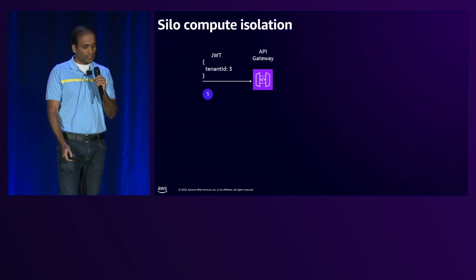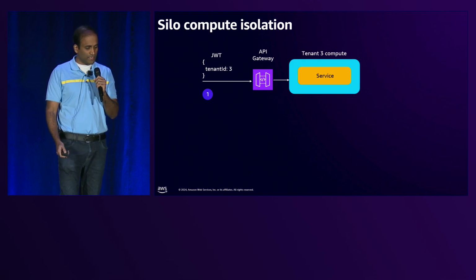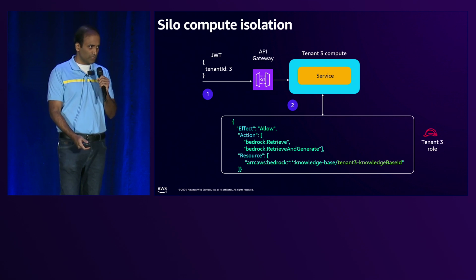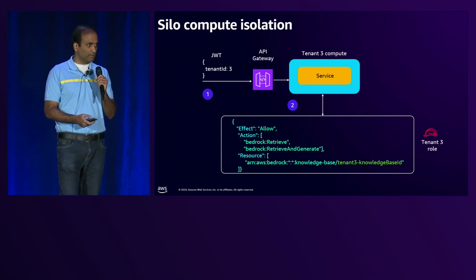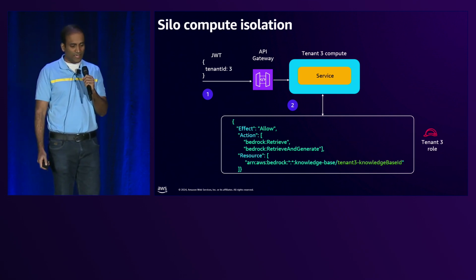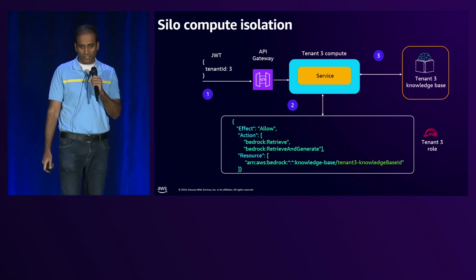For the siloed compute, let's take an example. Tenant 3 is interacting with your API gateway. The request goes to this dedicated compute, which has a dedicated service. Since it's a dedicated service, you could attach an execution role. If you look at the execution role, it is giving permissions which are specific to this particular tenant. In this case, you are giving access to tenant 3. Using these permissions, this service would interact with the knowledge base.